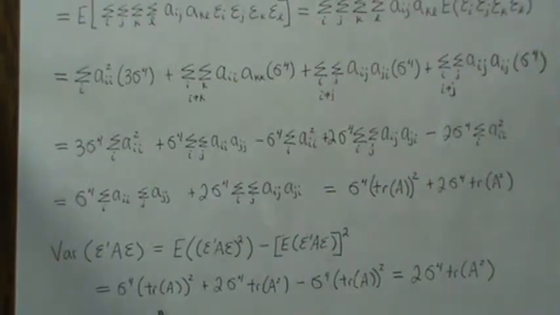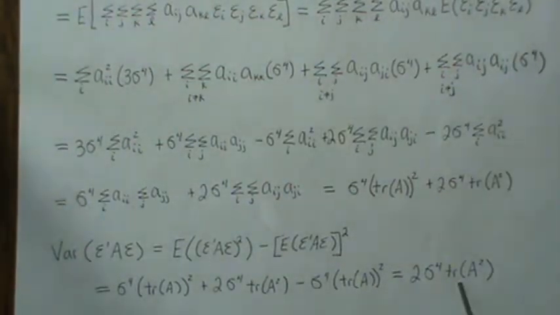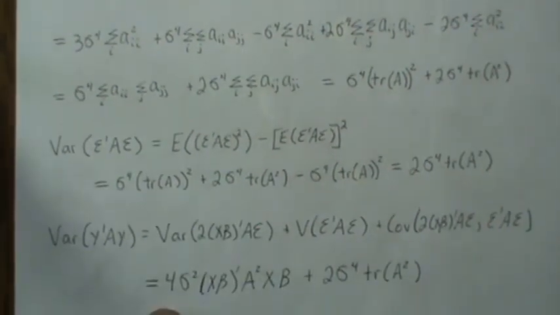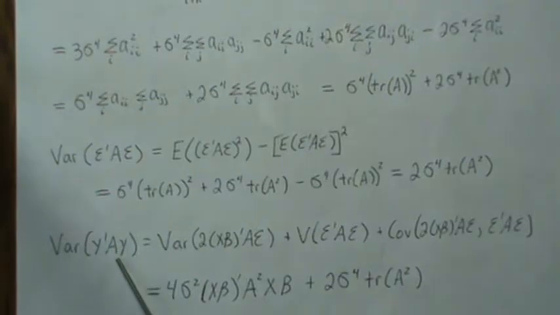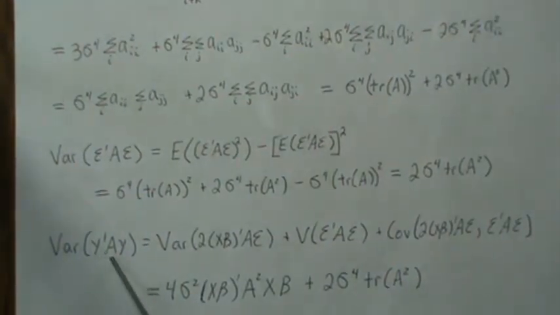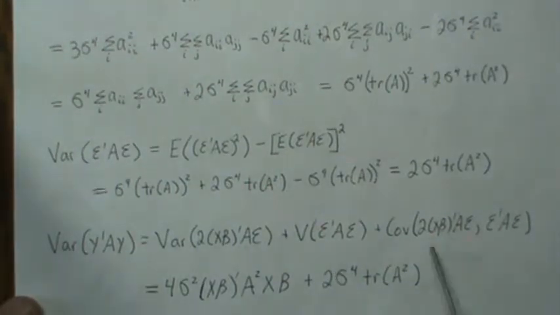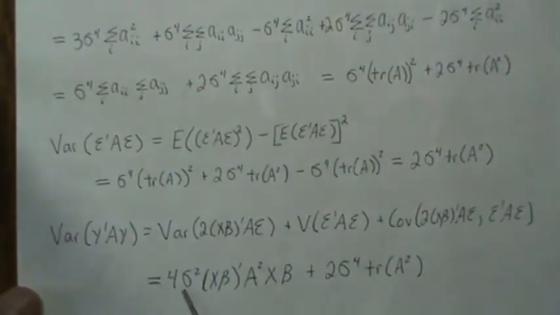So combine those and we get this, because those cancel. So the conclusion is that the variance, which is what we're going to try to minimize, we said was the variance of this plus the variance of that plus the variance of this, is this.